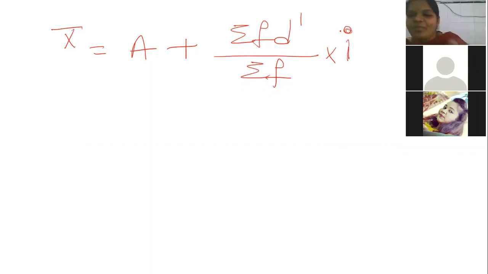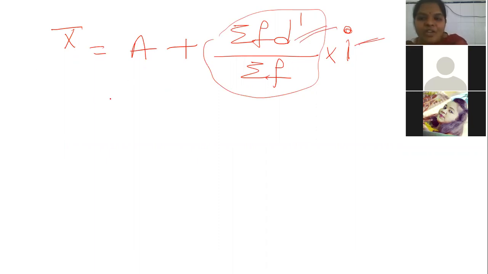What is the difference you observed here between the continuous series shortcut method and this step deviation method? Here we have small d, sigma f of small d divided by sigma f. This is the formula for the shortcut method. So here this is d dash. This whole term is multiplied with small i. These two are the only differences we observed here.